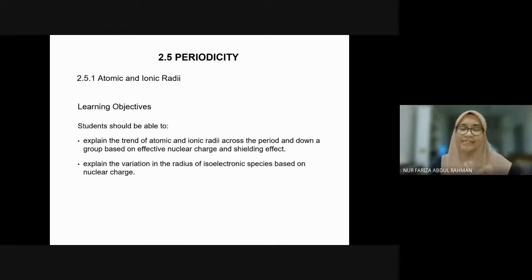Next is periodicity. Periodicity is how we arrange the behavior of the elements in the periodic table. Periodicity explains the behavior of elements in the periodic table.